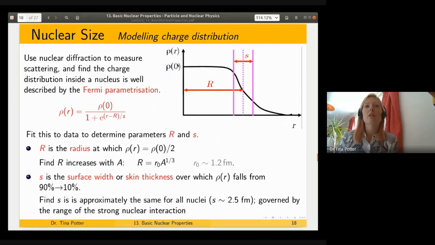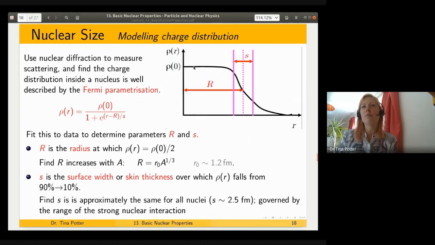So we measure our differential cross section, we get our form factor, and then we have our charge distribution here that we're plotting on the y-axis, and then the radius of a nucleus on the x-axis. So our charge distribution is well modeled by this Fermi parameterization.